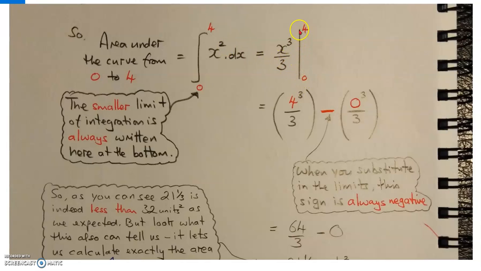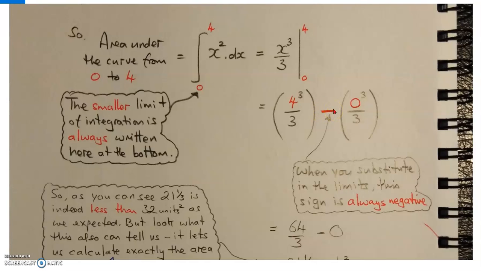This straight line here says that we've now got to insert the limits 4 and 0 for x. The first one you put in is the upper limit, the 4. You put it in place of the x cubed, so that becomes 4 cubed over 3. You put this in brackets, and this is always a minus sign.